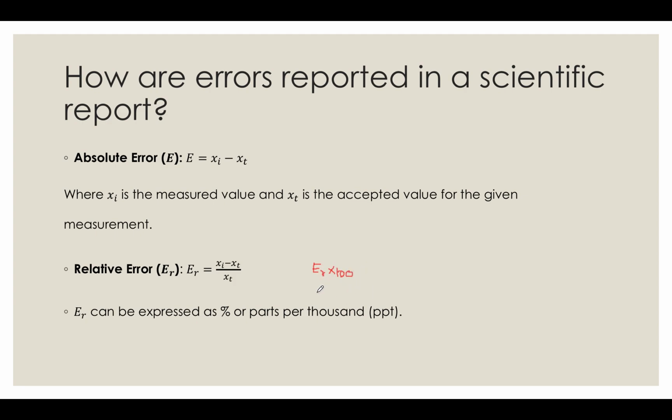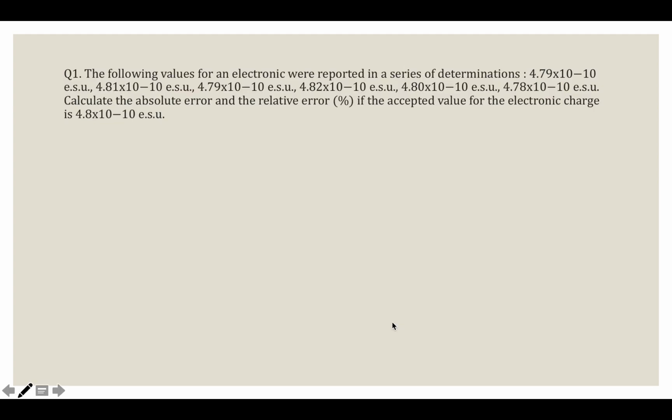However, if you want to express it in terms of parts per thousand, then you have to multiply ER with 1000. So these are the two ways in which you can represent relative error, either as percentage or as PPT or parts per thousand.